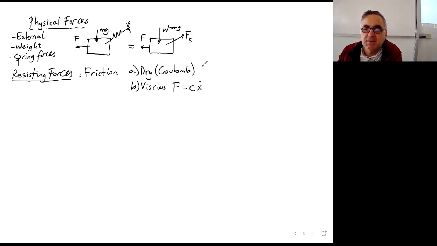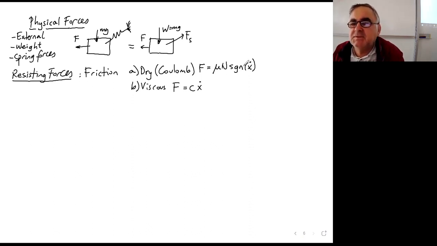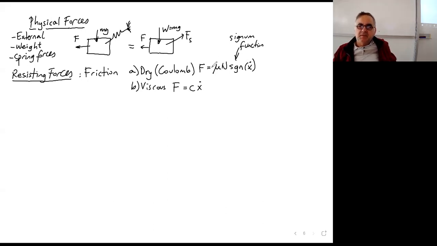For Coulomb friction, if there is motion, the friction force is mu N times the sgn, the signum function, of the velocity, with a minus sign also here.